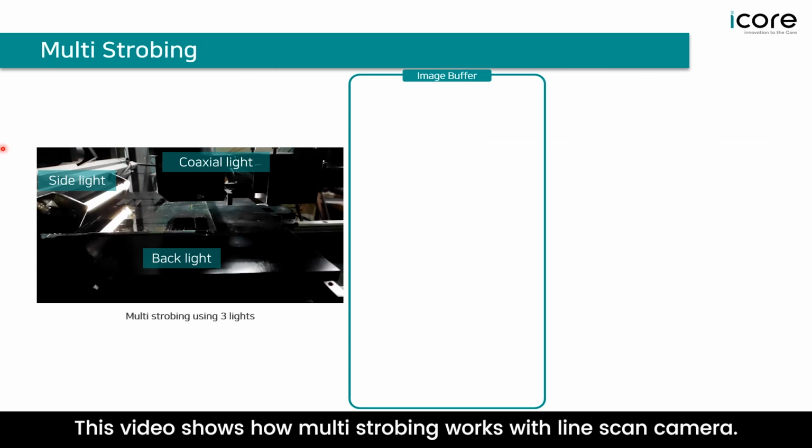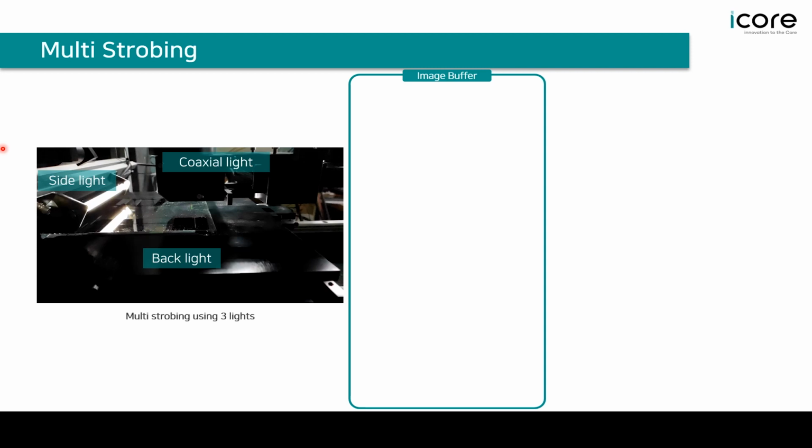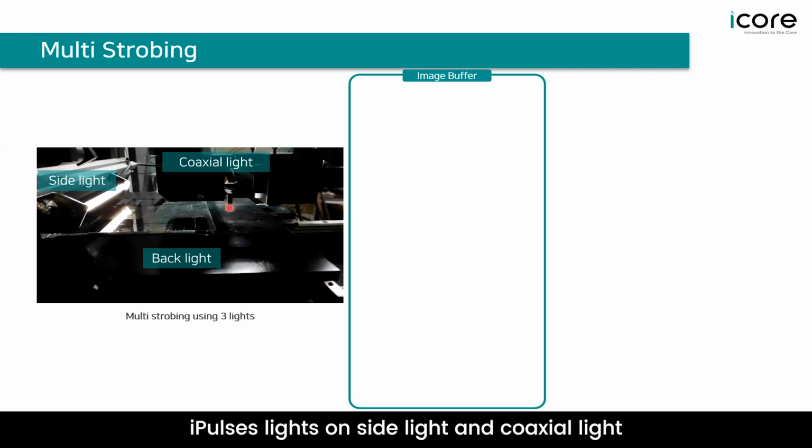This video shows how multi-strobing works with line scan camera. iPulse lights on side light and coaxial light and backlight, switching alternately.